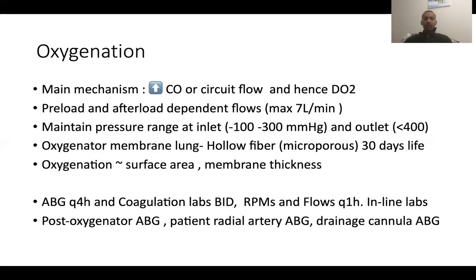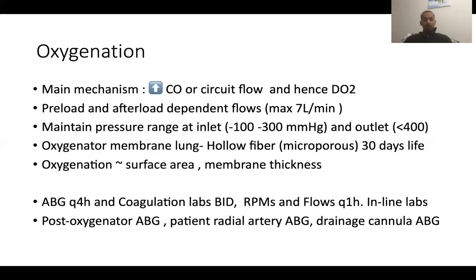Inline labs are very useful, so you don't have to poke the patient multiple times. Post-oxygenator blood gas is one location where you obtain just after the oxygenator, before it goes into the patient. So that's number one location. Number two location is in the patient itself. An example would be a patient's radial artery ABG, to look at what's going on the left side of the patient, left side of the heart, sense the cardiac output.